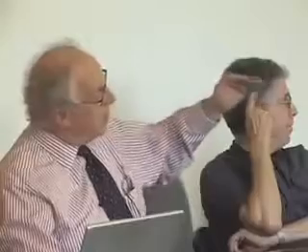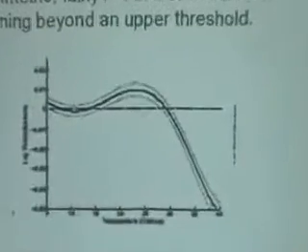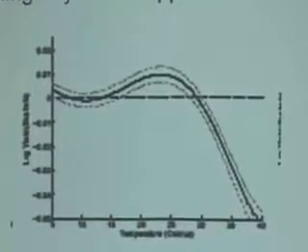In fact, there's reason to believe the relationship is not symmetrical. And this is the finest study in the agronomic literature anywhere of the effect on yields of grains. And you see there is a gain. There's a slow gain going up. And then when you hit something like, I think it's 29 or 30 degrees Celsius, there's a sharp decline.